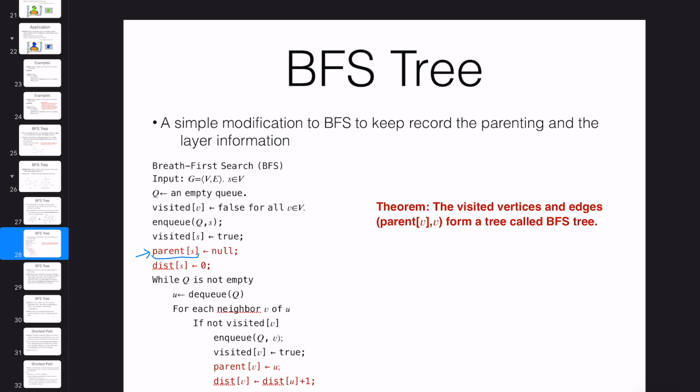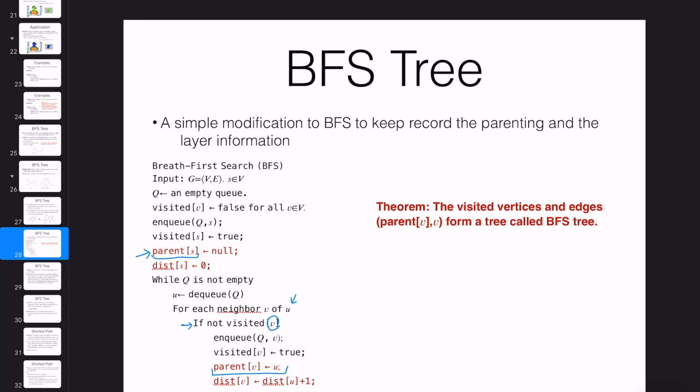So the parent of a starting node is null. The parent of the rest of the nodes is going to be one of the nodes in the graph. And whenever I am visiting in this if statement, whenever you visit the node v, you are visiting it through u, right? So the parent of the node v is going to be the node u.